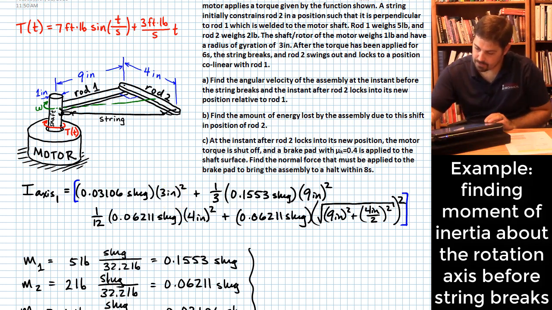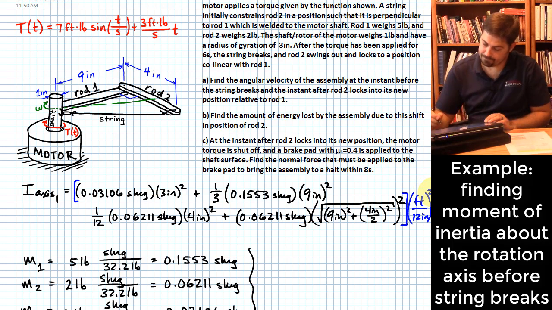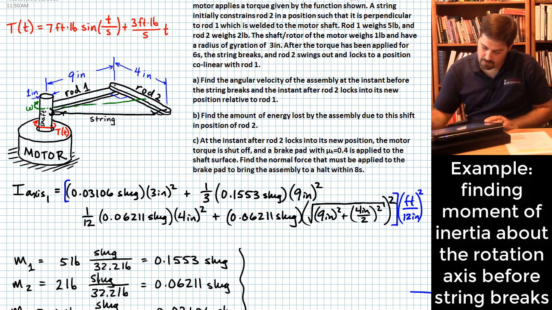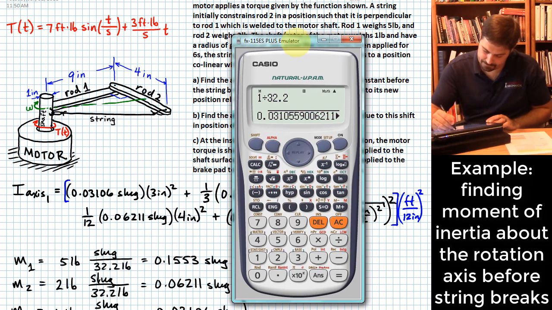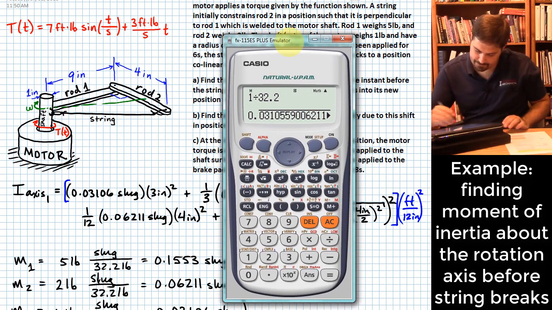To do that, I'll have foot per 12 inches and square all of that. All right, so that is the calculation that I need to do now. So I'm going to punch them in here.